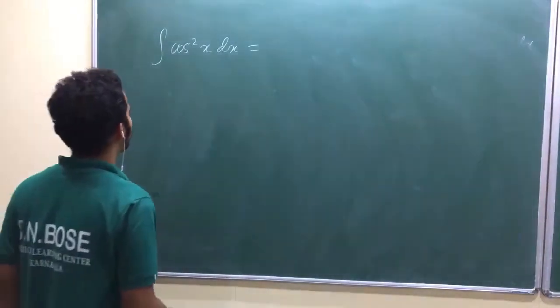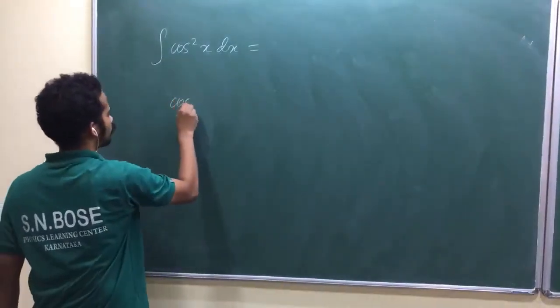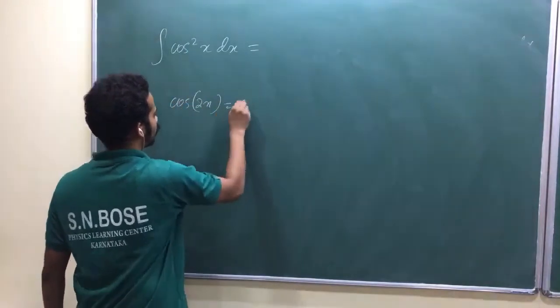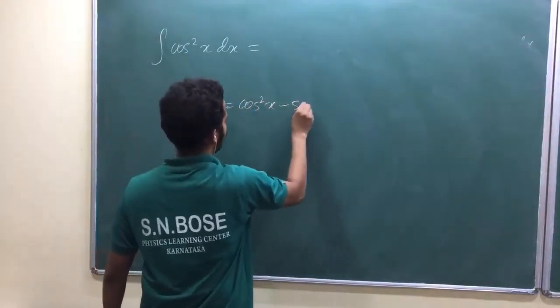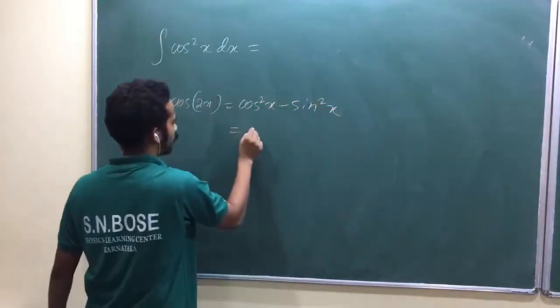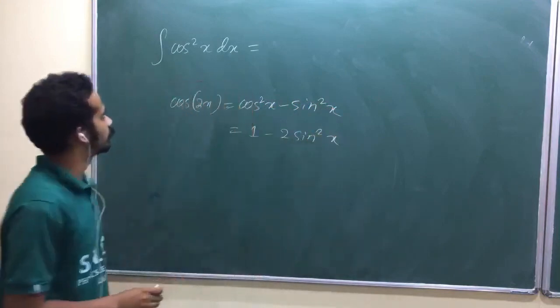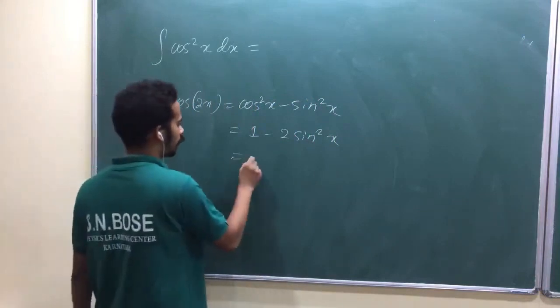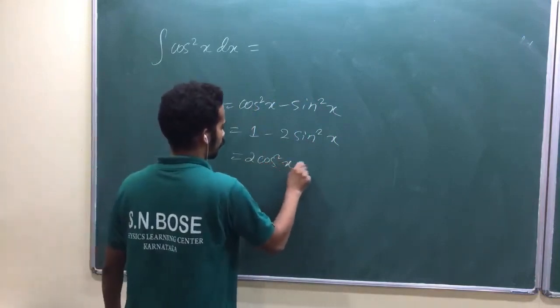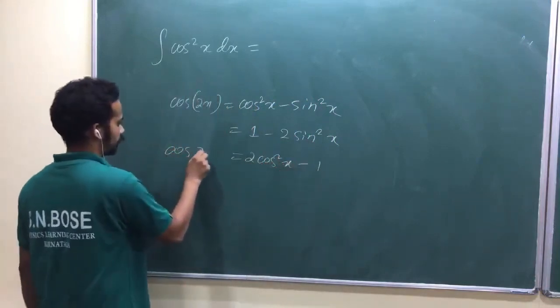Yeah, the cos 2 theta formula, am I right? So what is the cos 2x formula? That's equal to cos square x minus sin square x. That can be written as 1 minus 2 sin square x, or 2 cos square x minus 1. Am I right?